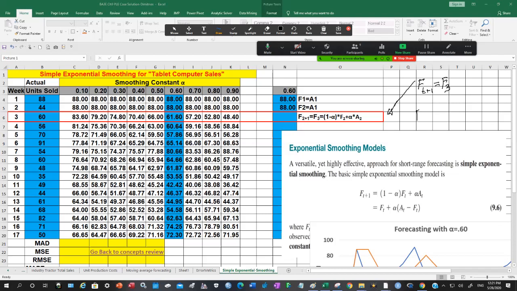So F of t plus 1 equals 1 minus alpha, which would be 1 minus 0.6, the alpha up here, times F of t, which is F of 2, because if t plus 1 is 3, then t must be 2.